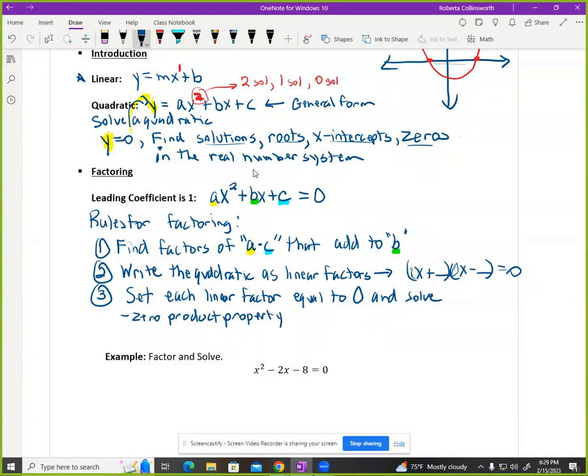The zero product means multiplying, means that if you multiply 0 times anything in the whole entire world, doesn't matter what it is, you're always going to get 0. So if one of these factors is 0, then that's going to be 0, which is why it's going to equal 0.